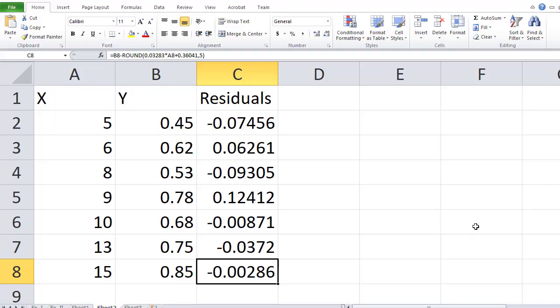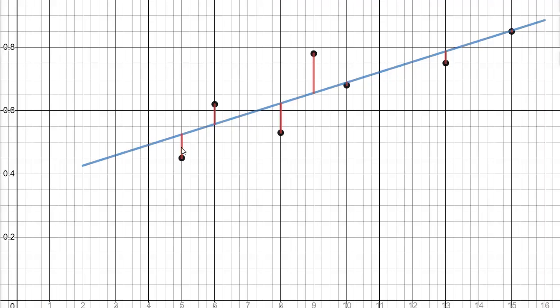One more time, look back into my scatter plot here. These are all the different residuals. Some residuals are negative, some other residuals are positive. So we want to average all of these residuals, these little distances between the actual observed value and the best fit line right here.